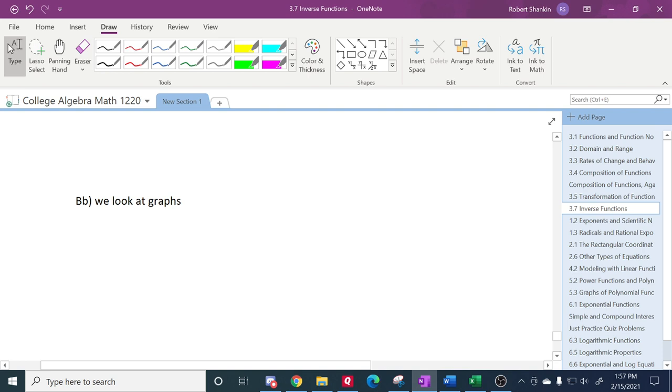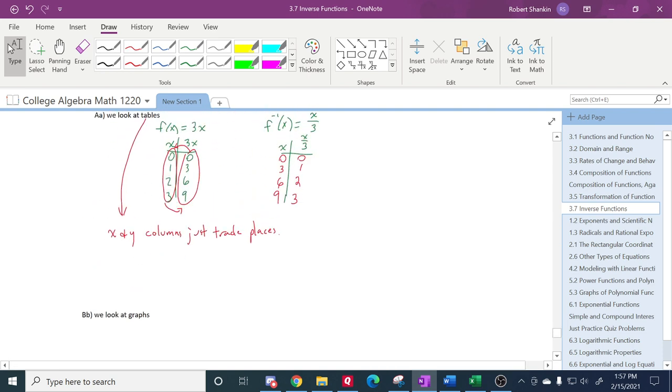Now, when we look at graphs, how does this affect a graph? All right, so let's graph this, y equals 3x. And we're going to do it point by point. X and y. So one of the points is 0, 0, and then 1 over, 3 up.